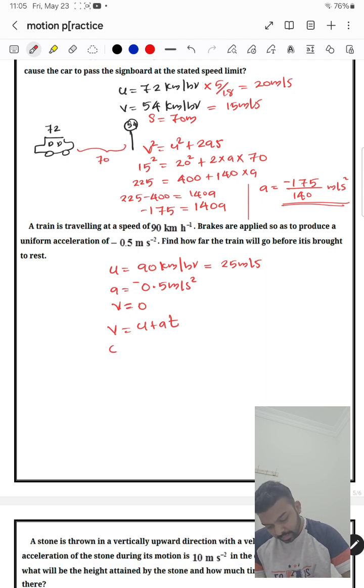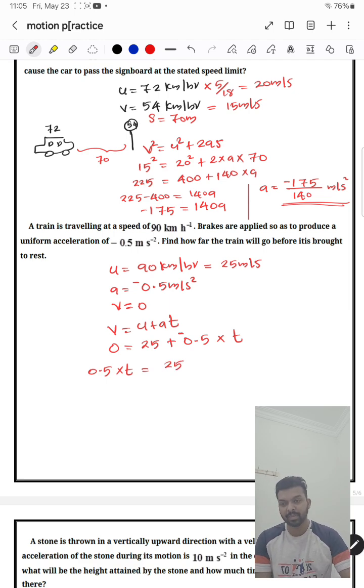So 0 is equal to 25 minus 0.5 into T. Take this to the other side, it will be 0.5 into T because the minus becomes plus, equal to 25, isn't it? So time is equal to 25 divided by 0.5.